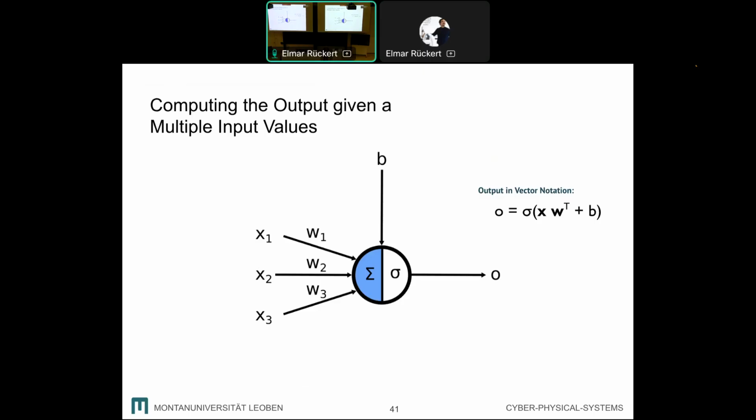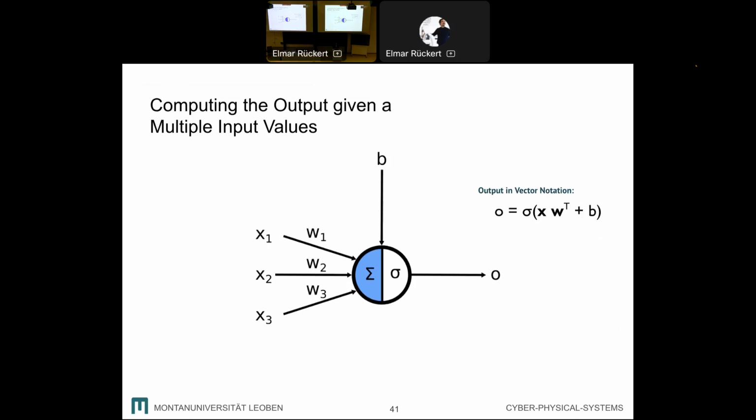My model is now even simpler. Sigma is 1. Sigma of x, the identity function, is equal to x. Or 1 times x, whatever you want. So it's a scalar.